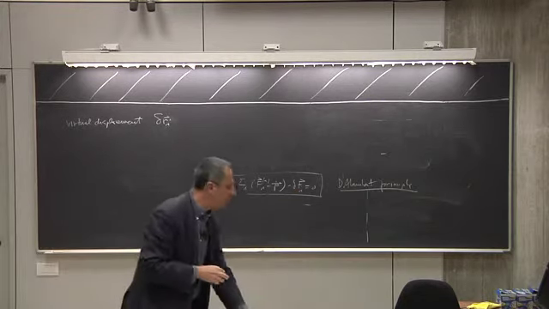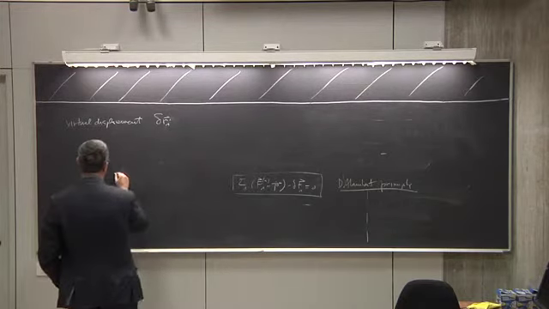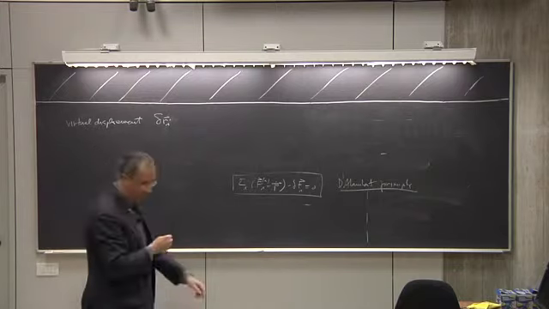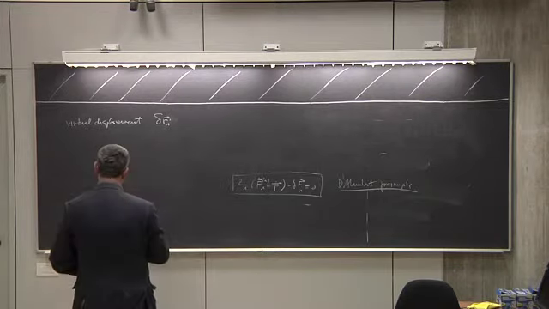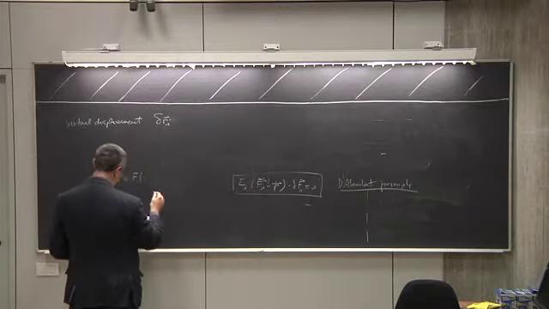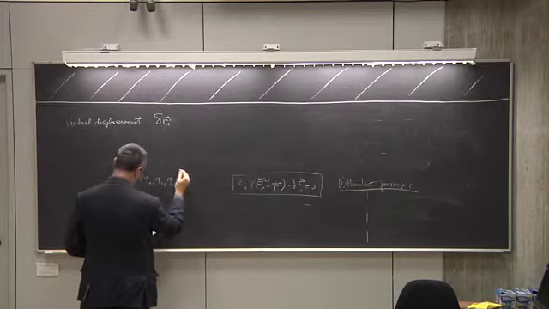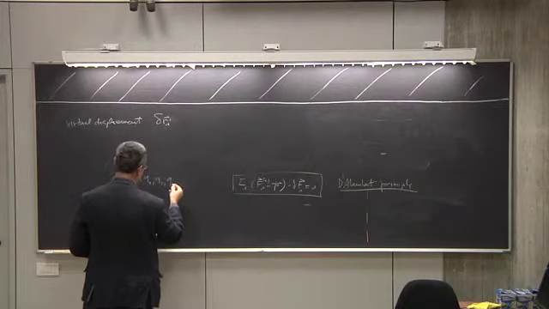So now let me change variables. I want to get rid of all the constraints. So I change all my variables. Maybe I write it this way. I have my variables, and I change them to the generalized coordinates, of which I have n.